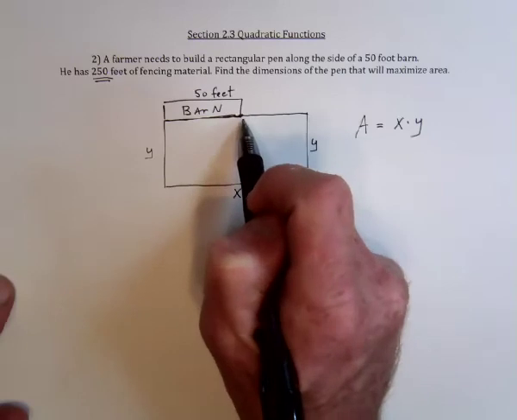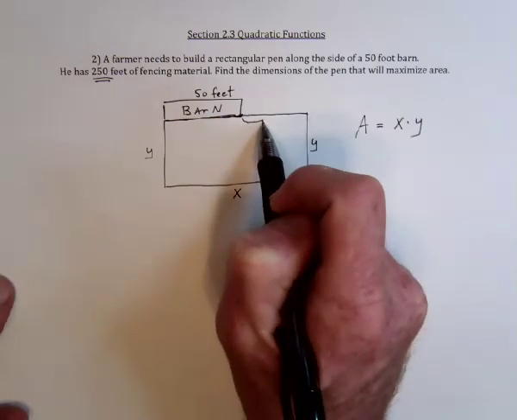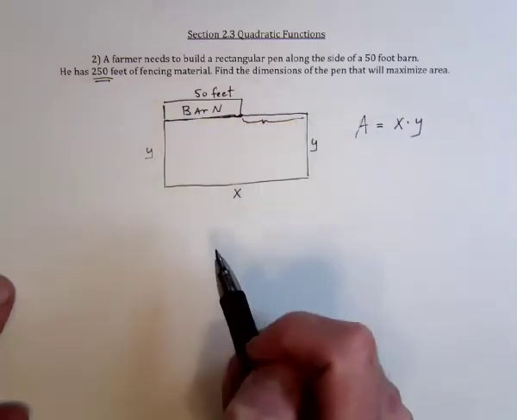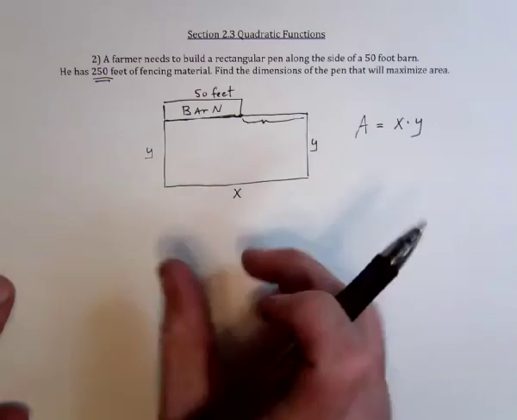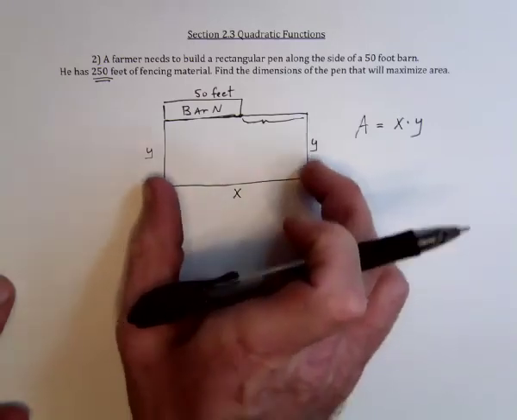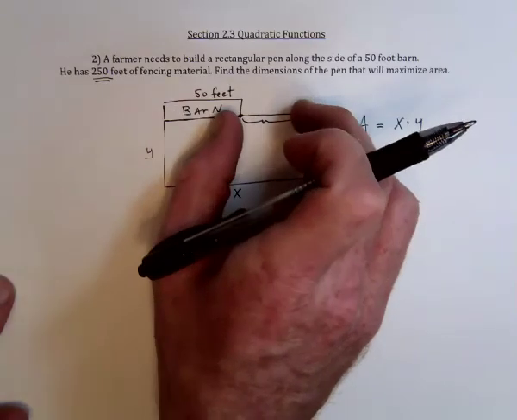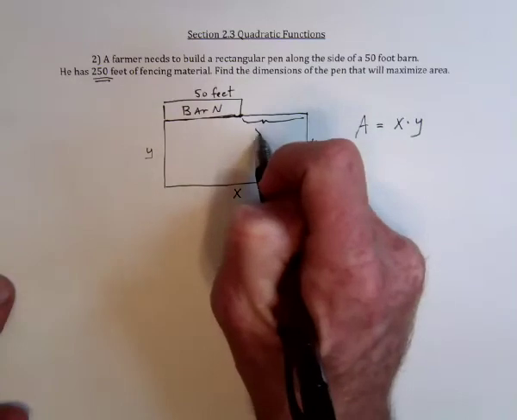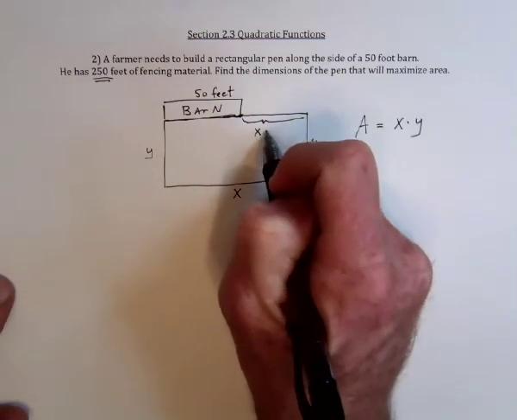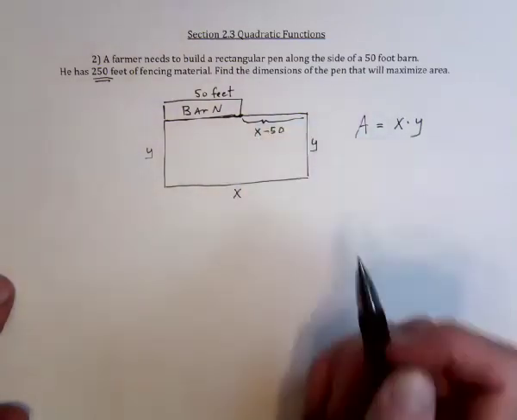So I just need to know what is this length. Well, since this whole side is x, this whole side has to be x. But 50 feet was already taken up by the barn. So this is going to be a total of x minus 50.